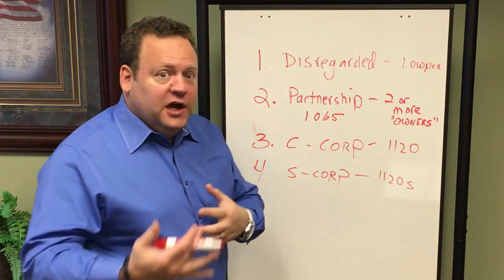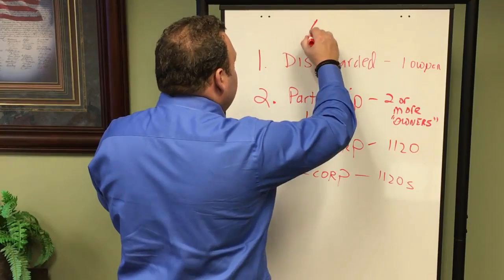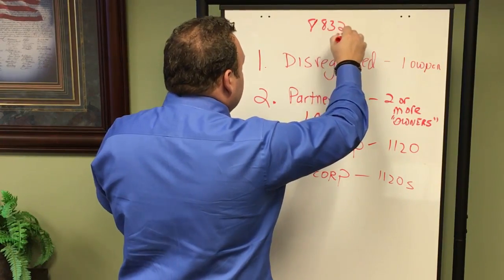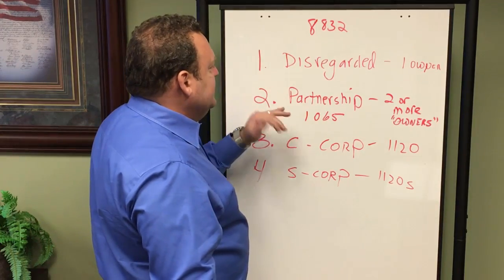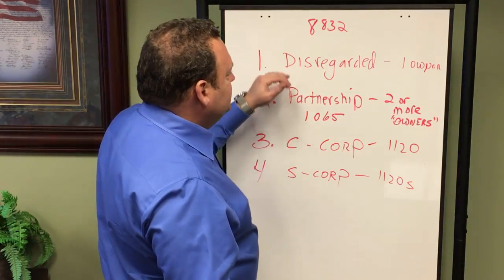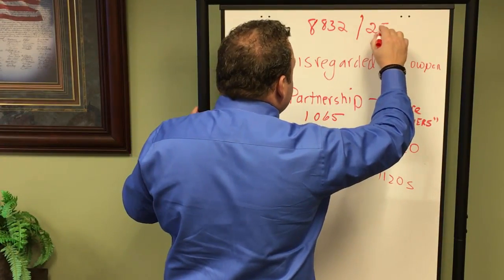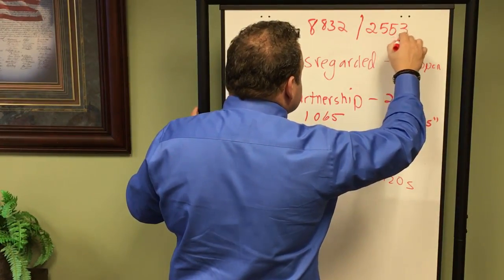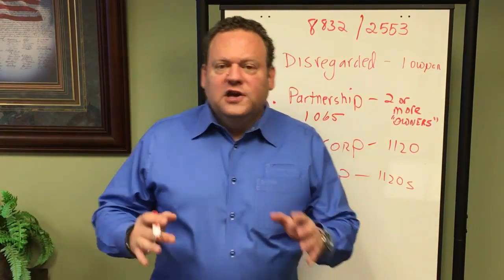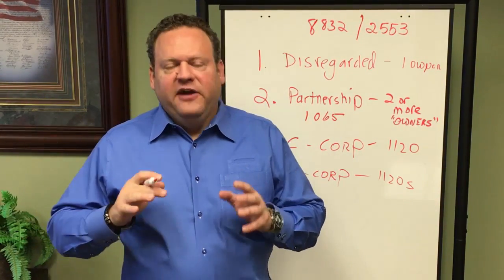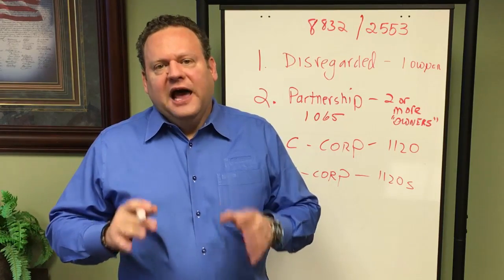And you can overcome those defaults by filing forms with the IRS, and that would be Form 8832, and then you can change a partnership into a C Corp, or a disregarded entity into a C Corp. And then if you wanted to go S Corp, you'd file 2553, which makes the C Corp an S Corp, and so on. Those are the different elections available for you as an owner of a limited liability company.